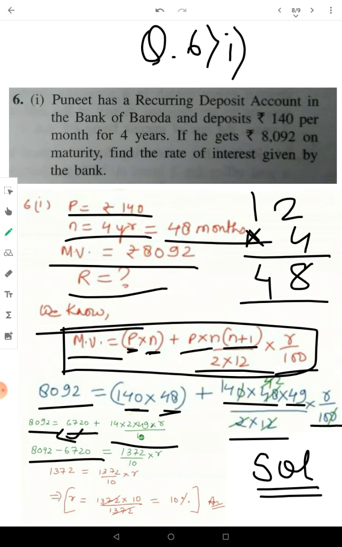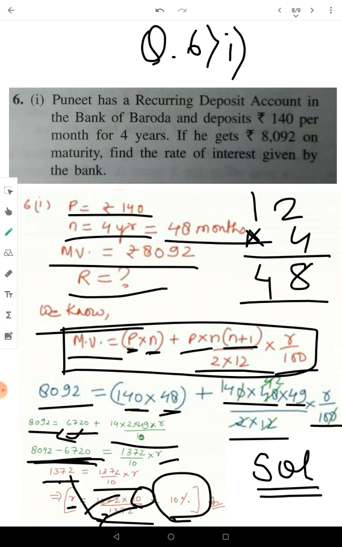So 1372 upon 10 into R. After subtracting, 1372 comes here, then 1372 upon 10 into R. So R will be 1372 into 10 divided by 1372, so it will be 10%. After doing this calculation, you can cut 1372 and 1372 and you will get 10. So 10 is left, so 10% is the answer.